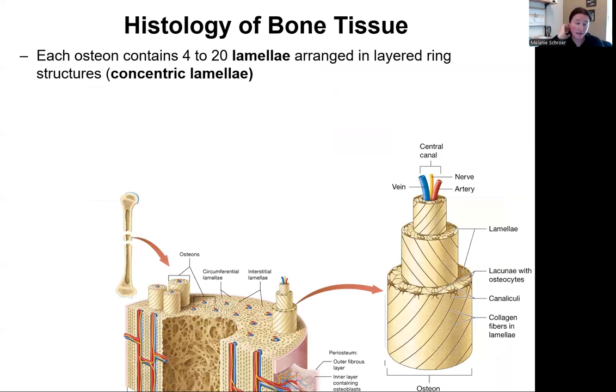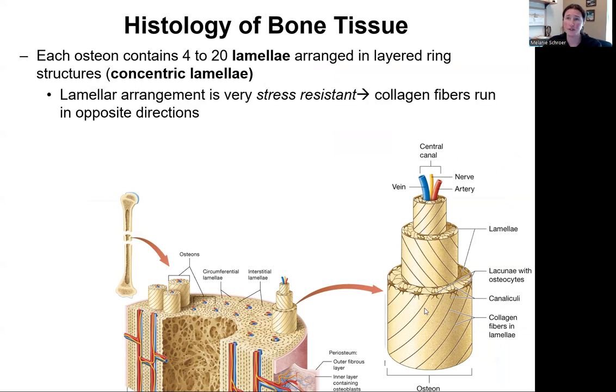Each osteon contains several lamellae, 4 to 20 of them, arranged in concentric rings. This particular arrangement is very resistant to stress, because we have collagen fibers running in opposite directions.